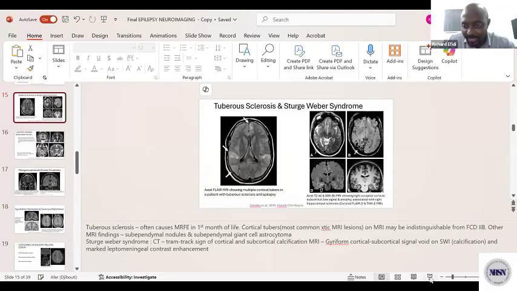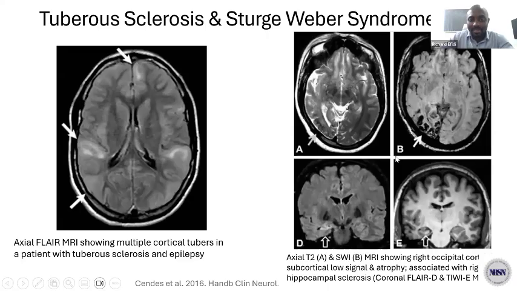Okay, I think this is the image. So here, this is a classic image representing Sturge-Weber syndrome, which in this case is characterized by cortical atrophy and cortical and subcortical hypointensity signal void in the right occipital lobe.